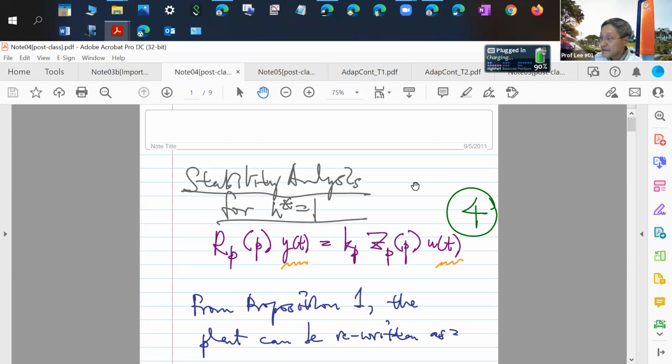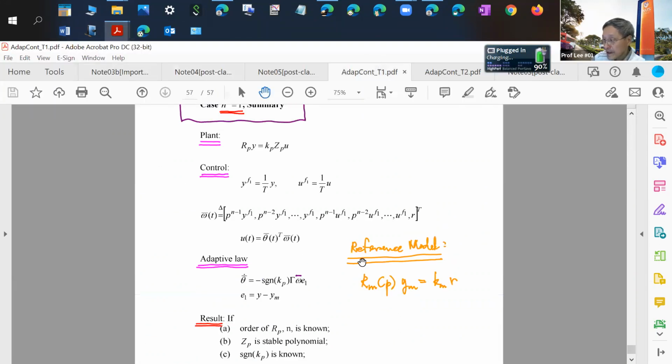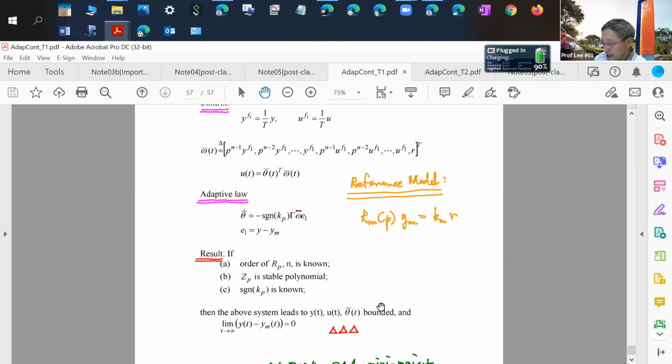So as mentioned, for your CA1, both for 5104 and 6104, we have set it to be the relative degree 1 case. The adaptive law is like this.